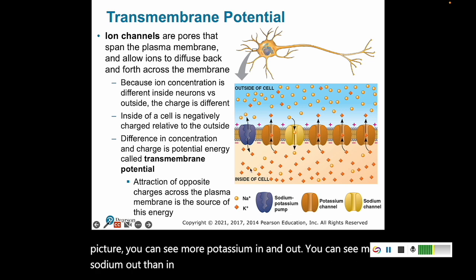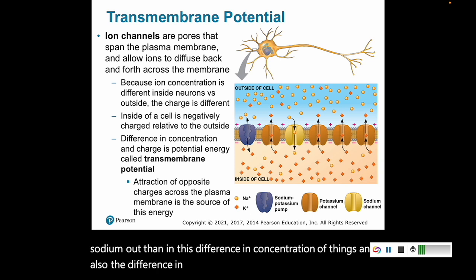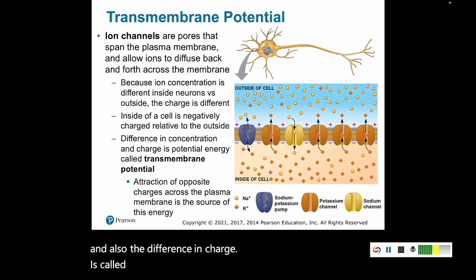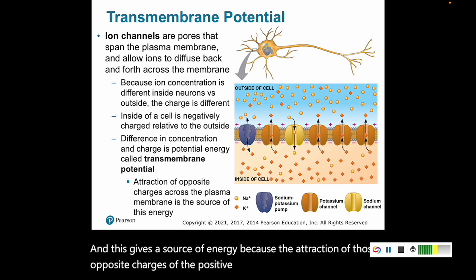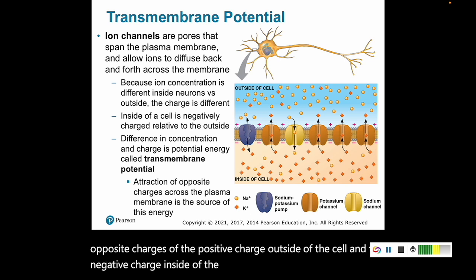This difference in concentration and also the difference in charge is called transmembrane potentials. And this gives a source of energy because of the attraction of those opposite charges, the positive charge outside of the cell and the negative charge inside of the cell, they are attracted across that plasma membrane.